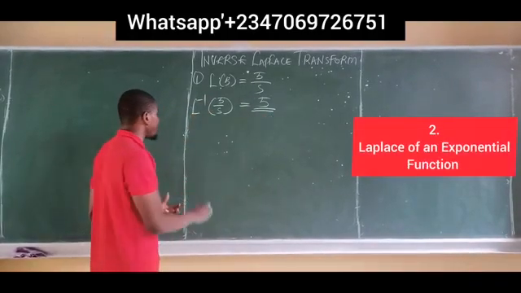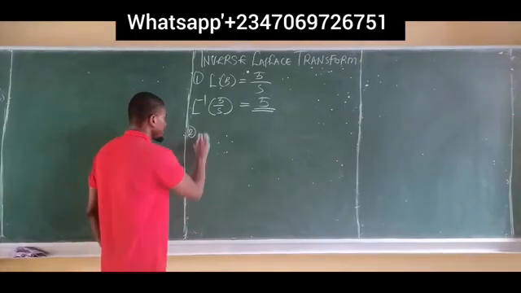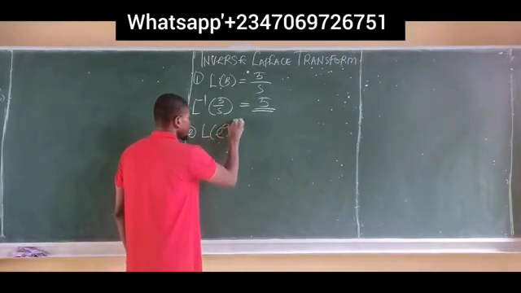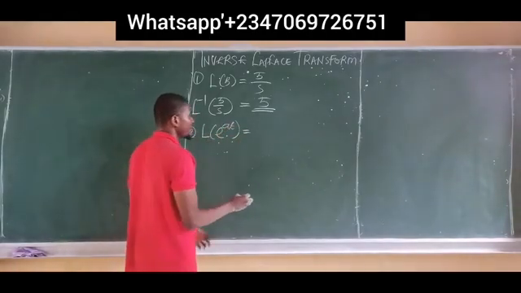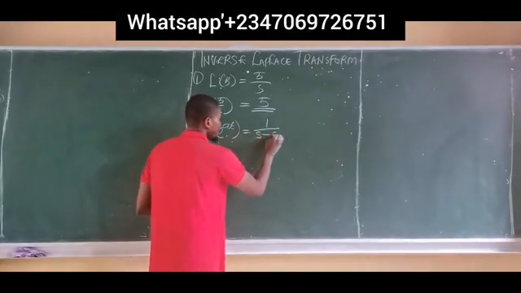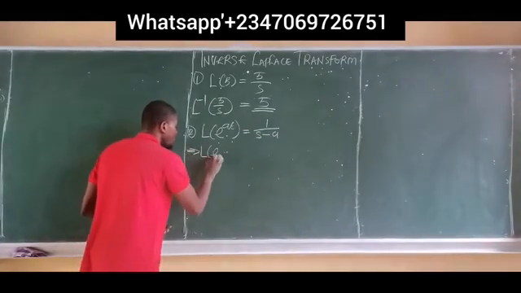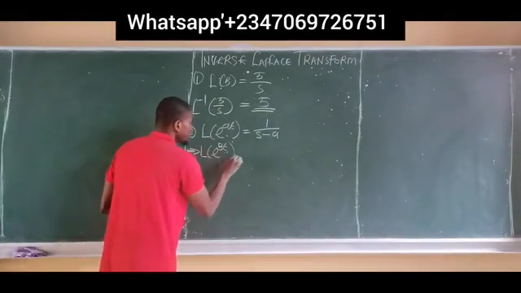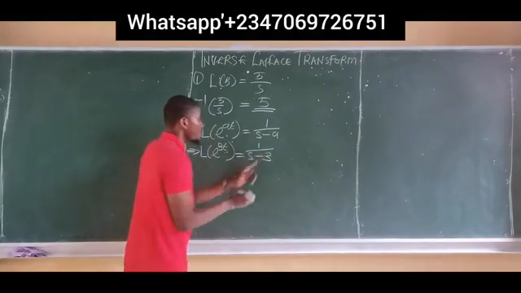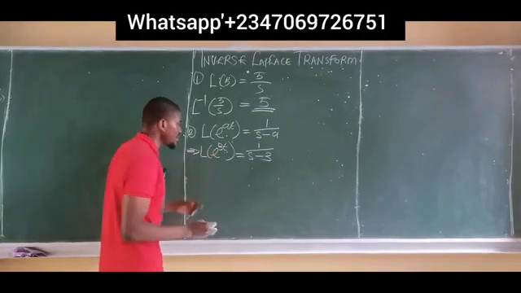Now, the second table of standard values we talked about is the Laplace of an exponential function. I said if you're asked to find the Laplace of, let's say, exponential at, this will give us 1 all over s minus a. So the Laplace of exponential 3t is 1 all over s minus 3, where a is equal to 3, the number attached to the exponential function.